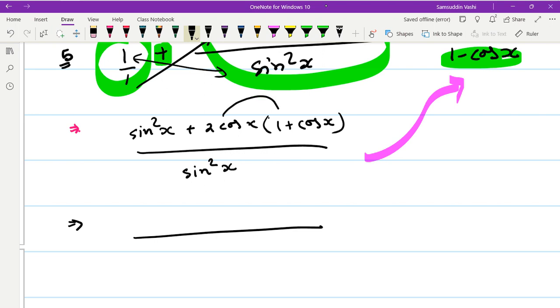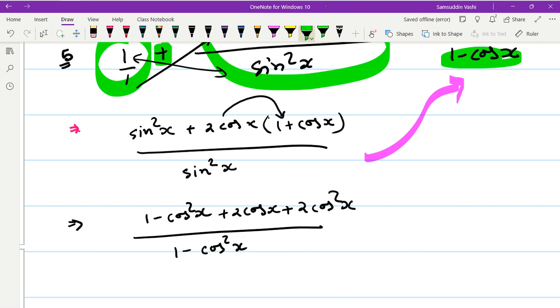What is it? 2 cos x plus 2 cos squared x. Right. Sin squared x. Okay, let me change it into 1 minus cos squared x, 1 minus cos squared x. So this one is also 1 minus cos squared x.